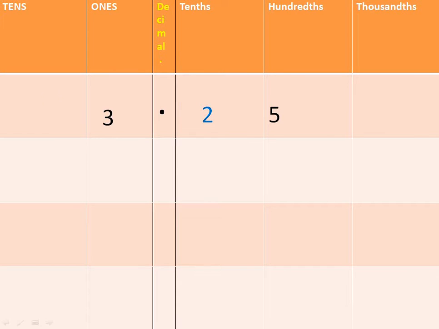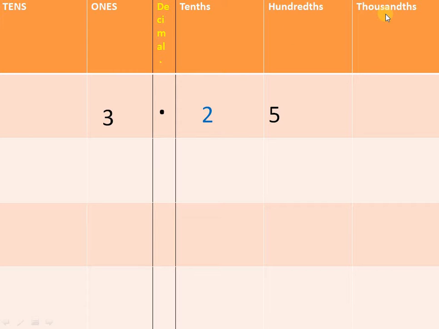So here I am going to present my place value chart. Let's read it first. Begin with ones, then the decimal point. After that you will find tenths, which means 1 upon 10, and hundredths, which means 1 upon 100.